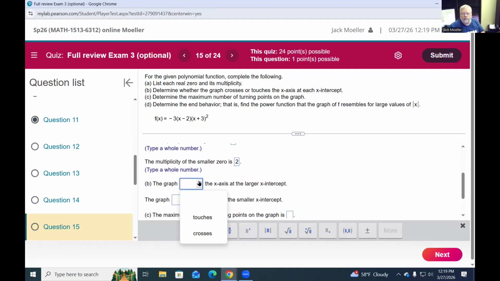Okay, so the graph, does it touch or cross at the larger x-intercept? That was at the 2. The multiplicity is odd, so it crosses. And then the smaller x-intercept was -3. Multiplicity is even, so that touches and turns around. So do you see the benefit of doing that chart?